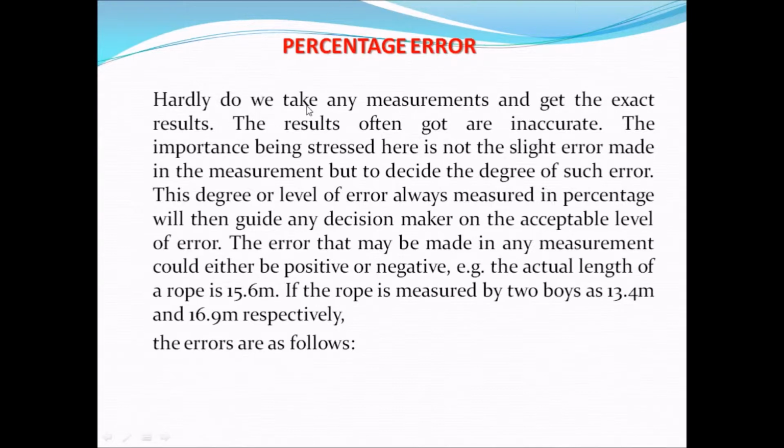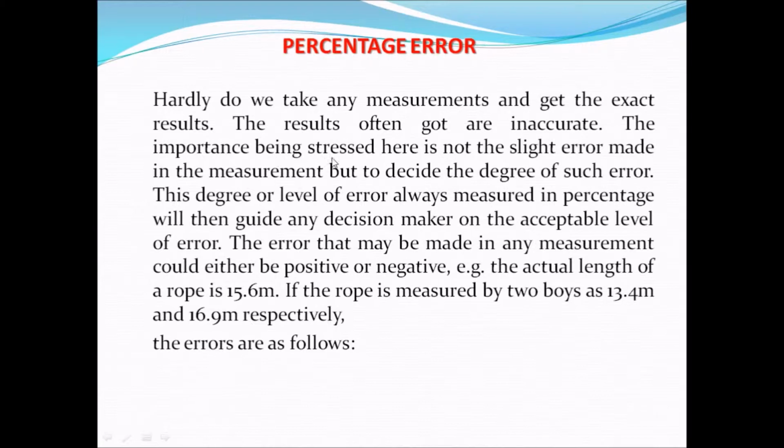Hardly do we take any measurements and get the exact results. So whenever you're measuring the height of somebody or any weight, you might not be getting the actual result due to many reasons. So how do we take care of this error? That is what we do using percentage error. Now, the results often got are inaccurate.